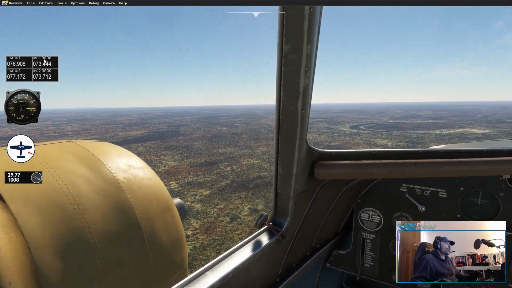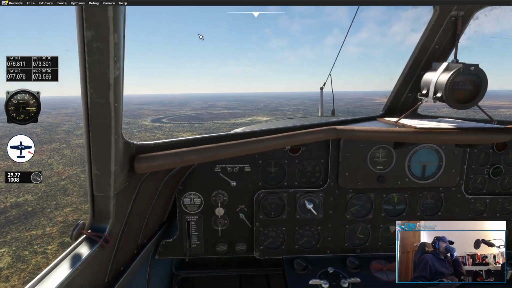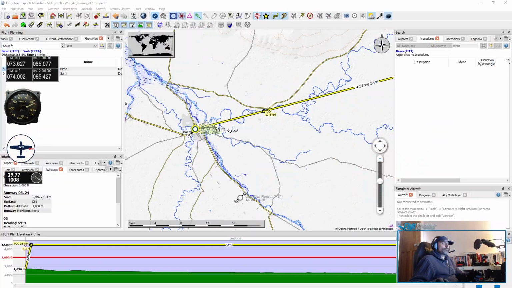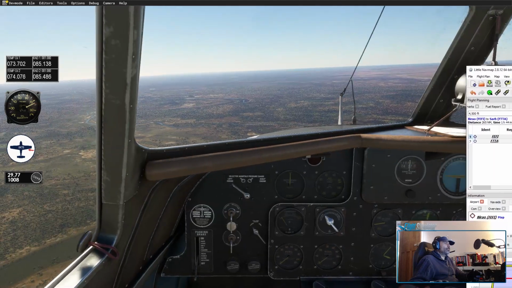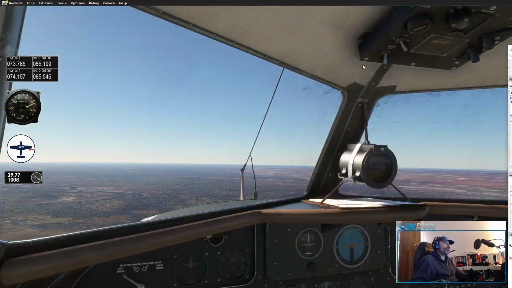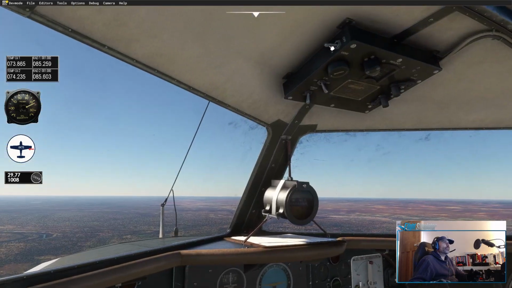Now the temperature is going down, but very slowly. So much more manageable this way. I am at this area, around 10 minutes from destination. That's the river. I'm going to switch off the radio, sorry. That's the light.